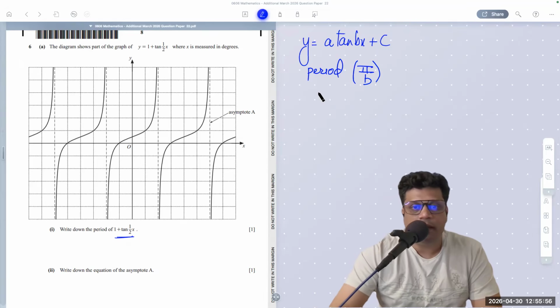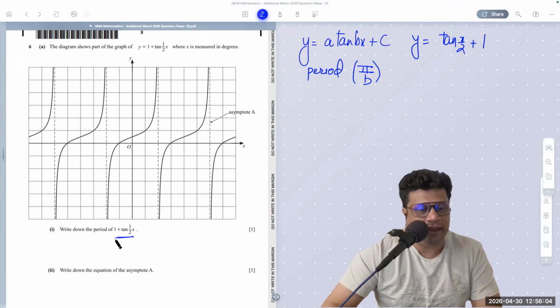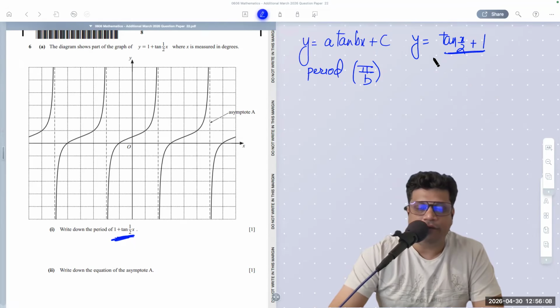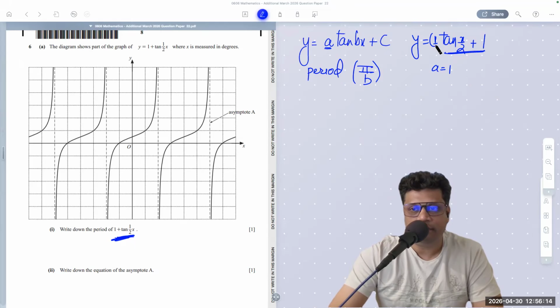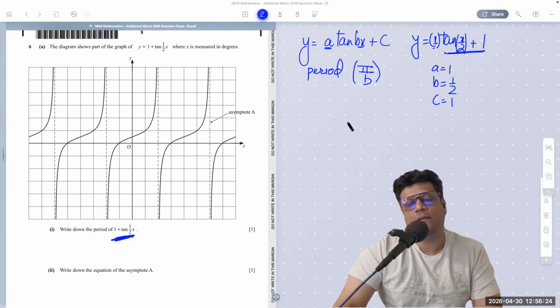So what we have as y here is tan of x by 2 plus 1. Rewriting this as that. And from comparison, I see a is 1 there, 1 multiplied by that. b is what we have with x. With x there, I have 1 by 2. And c is 1.